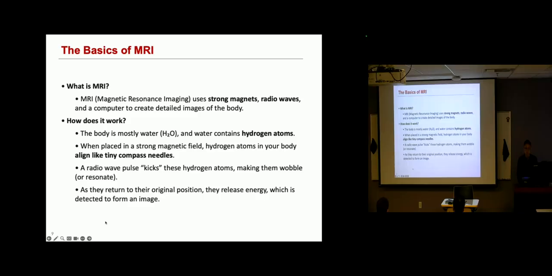When we turn off this radio frequency, the protons will return or realign with the magnetic field, and this process will emit or release energy. The scanner is able to pick up this energy and form an image. So that's a very basic principle of how MRI makes an image of your internal structure.